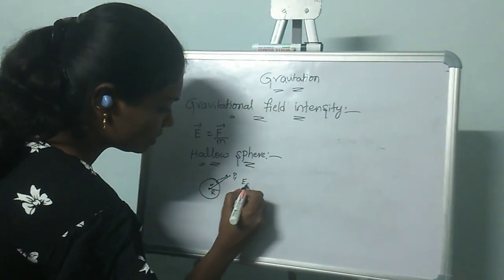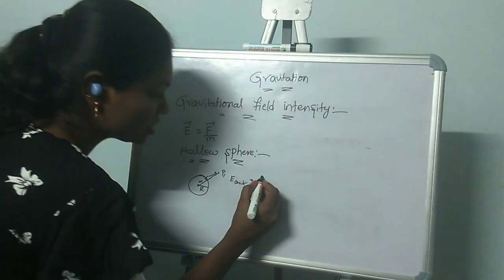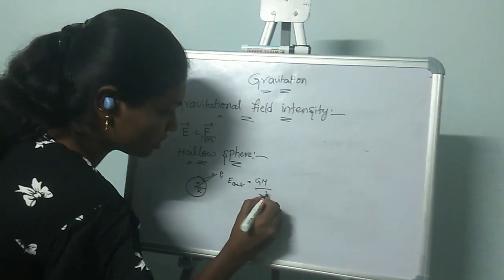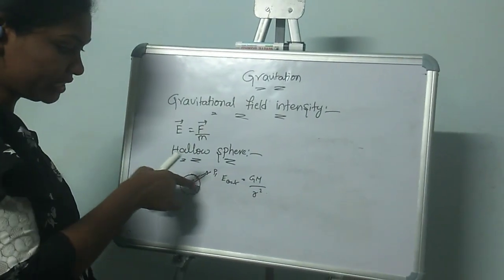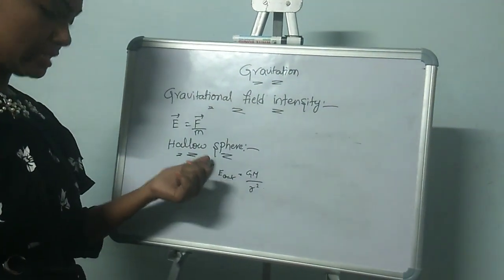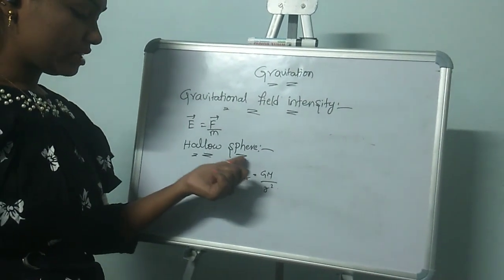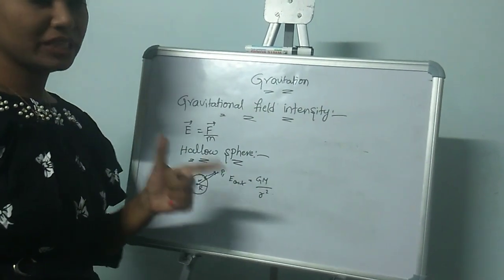We can write the gravitational field intensity outside as GM by r square, where r is the distance between the point and the center of the hollow sphere. So at point P1 we have some gravitational field intensity.